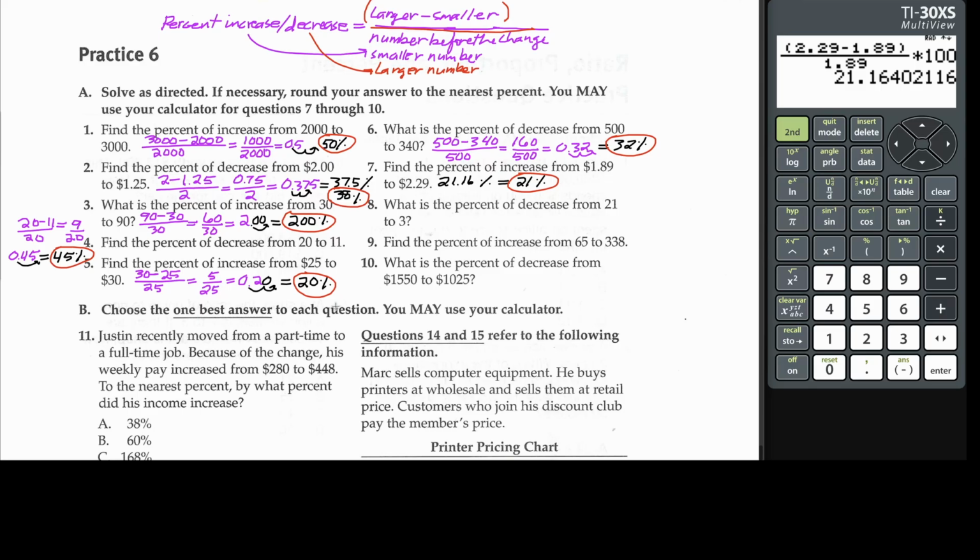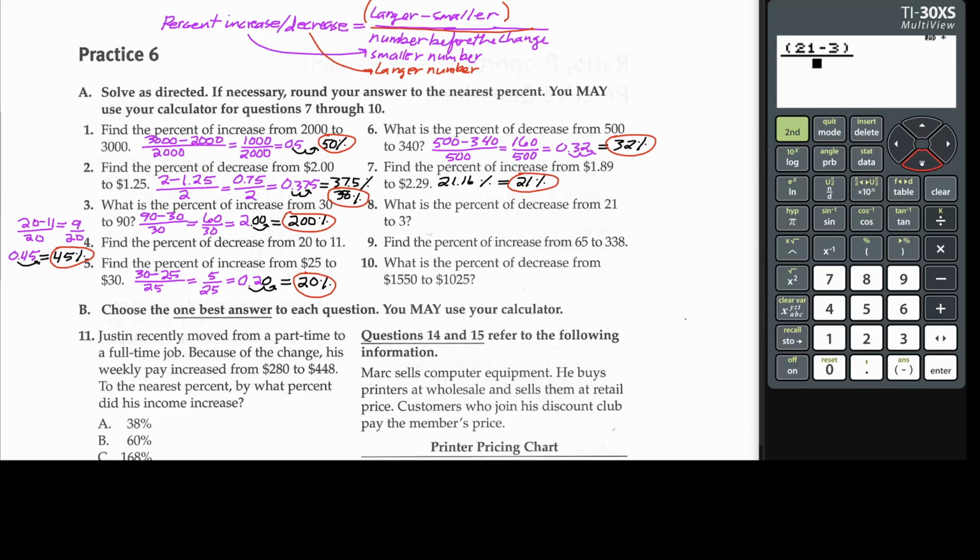Number 8. Let's clear the screen. Okay, what is the percent of decrease from 21 to 3? Okay, again, press N over D, the white key here. Okay, now parentheses, 21 minus 3, close the parentheses and go down.